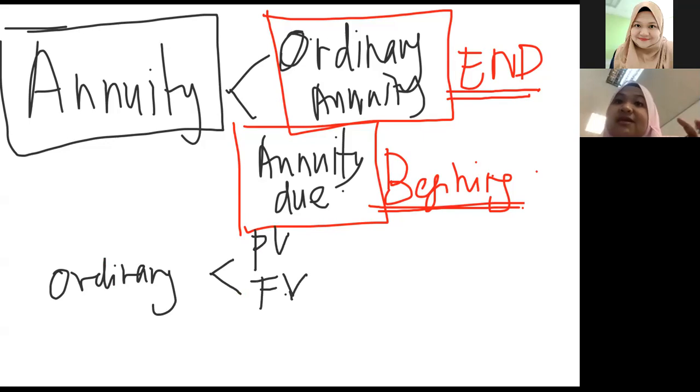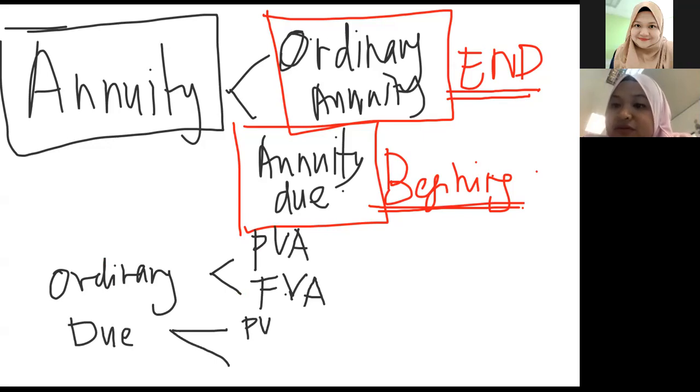The formula you apply to calculate present value is PVA, but for future value, you will apply FVA. For annuity due, the same thing, you calculate present value and future value, but the formulas are PVAD and FVAD. So these are the formulas that you are going to apply.